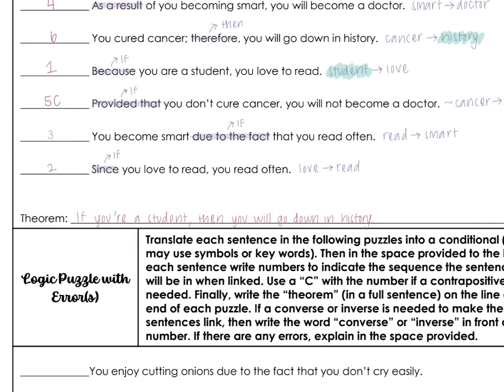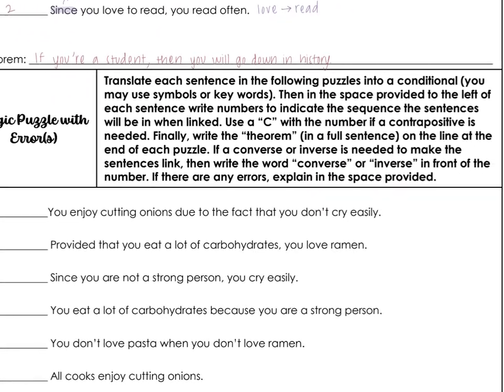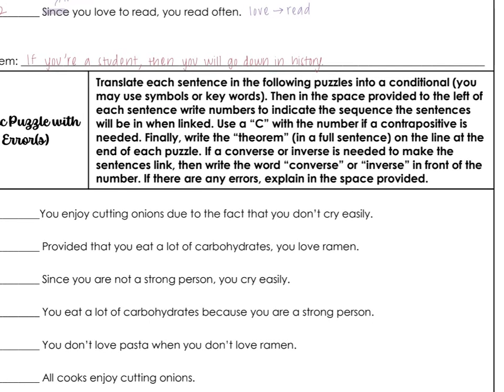All right, now we're going to move down where we've got our logic puzzle with errors. Okay, so a lot of this is going to be the exact same, but there's a few other sentences added in here. So translate each sentence in the following puzzle into a conditional. You may use symbols or keywords. Then in the space provided to the left of each sentence, write numbers to indicate the sequence the sentences will be linked in.